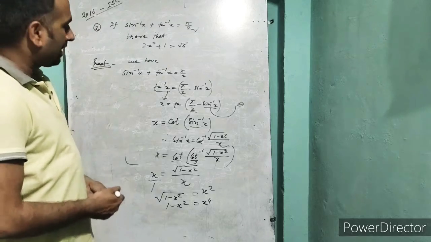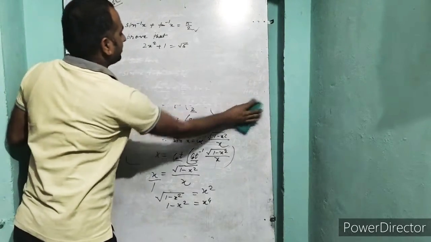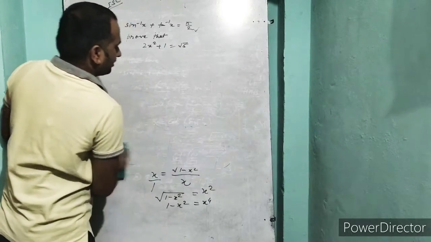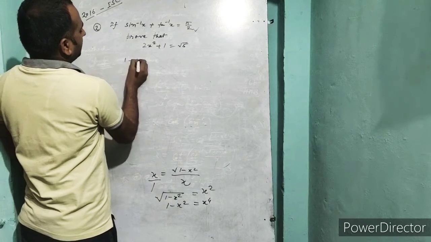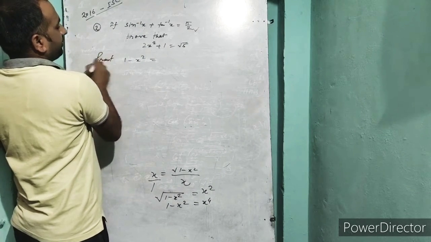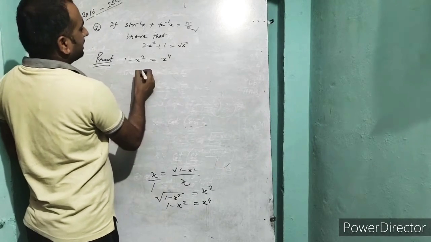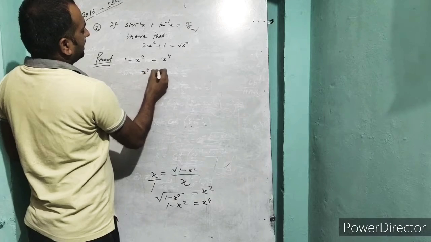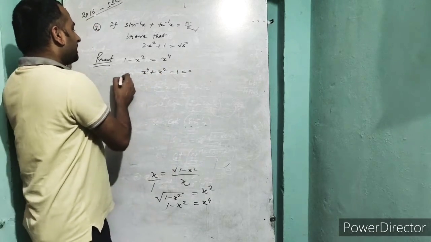So here you will get 1 minus x square is equal to x to the power 4. On transposition this will give you x to the power 4 plus x square minus 1 is equal to 0.